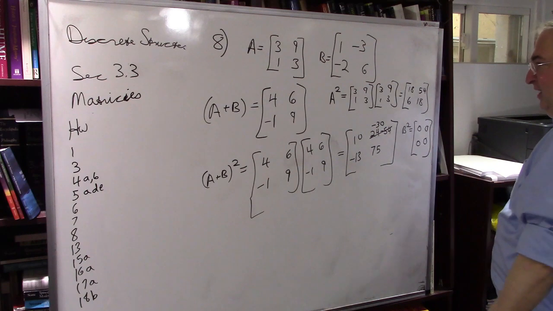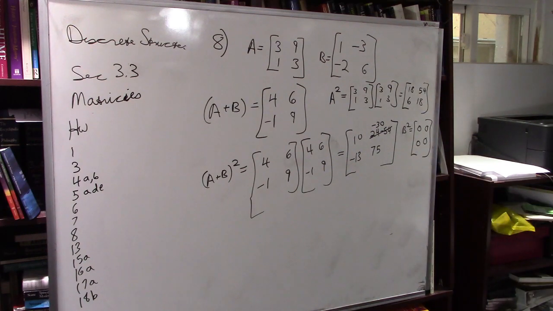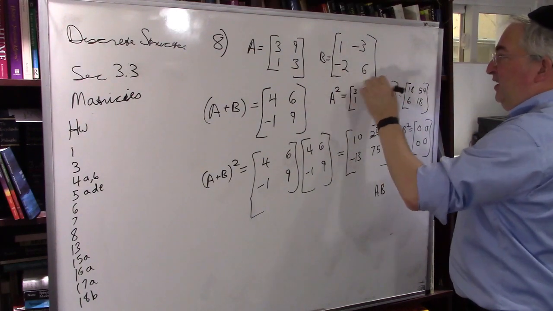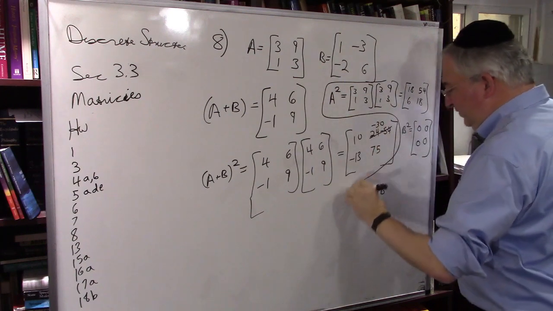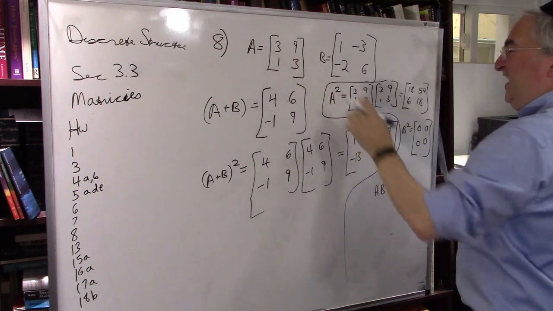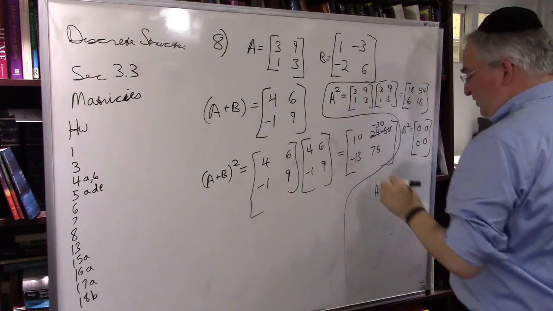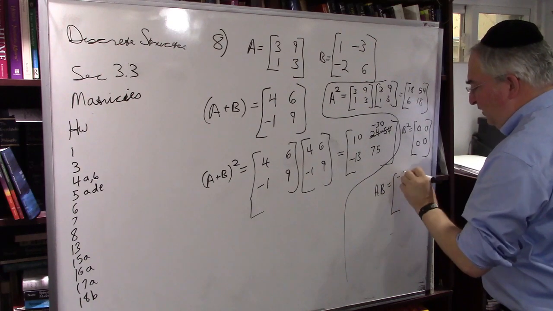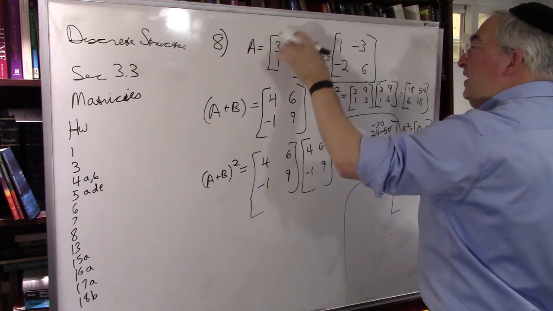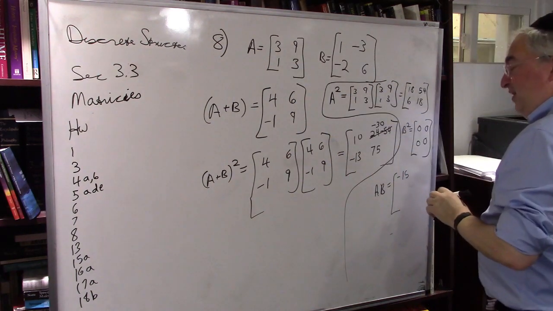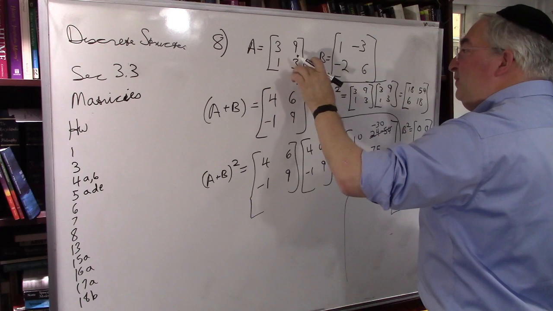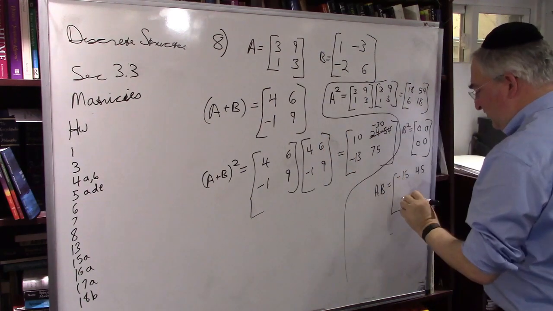Okay. And finally, 2AB. So first of all, we have to do AB. So let's do AB. So A times B. I'm sorry, this is all part of the second thing. So this becomes 3 and minus 18 is negative 15. Minus 9 plus 54 is 45. 1 plus negative 6 is negative 5.